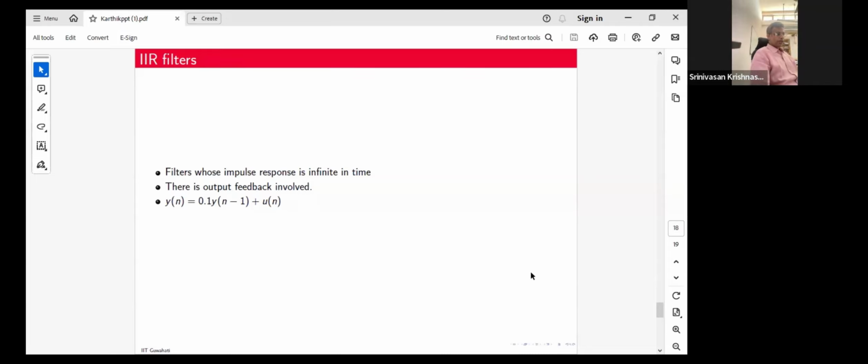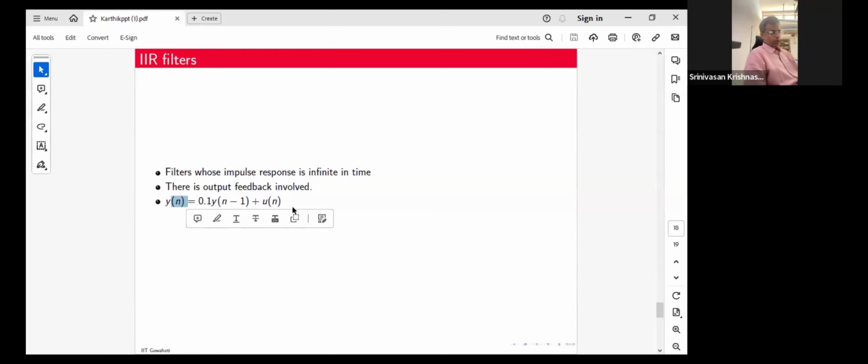Suppose I apply an impulse. So for example, if I look at the system here, you have y of n is equal to 0.1 y of n minus 1 plus u of n, right? Now u of 0 and y of minus 1 are both 0, right? So if I apply u of 0 as 1, at the first time instant, y of n would just be 0.1 into 0 plus 1.